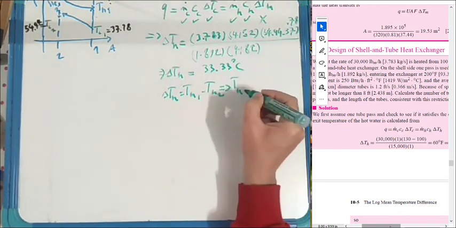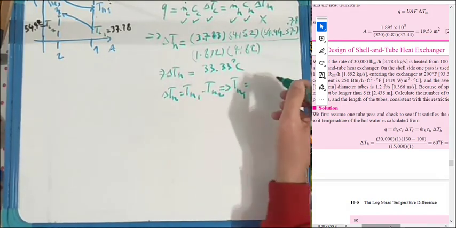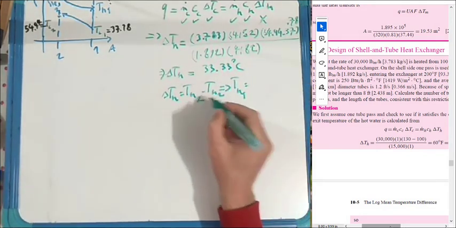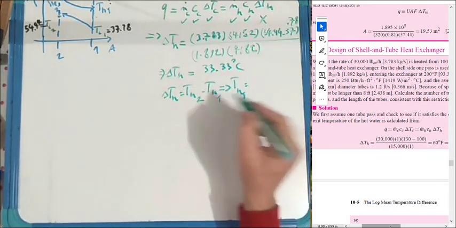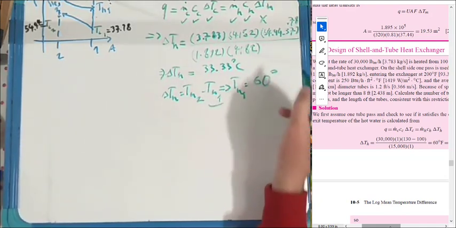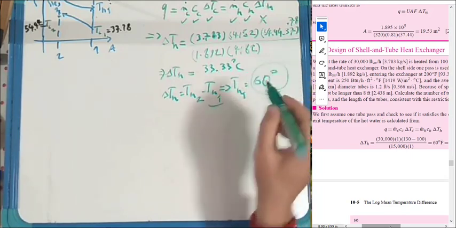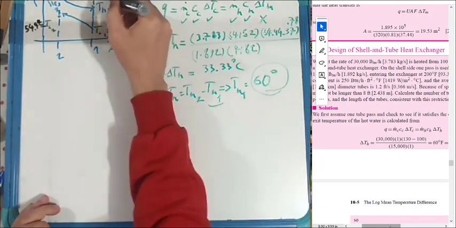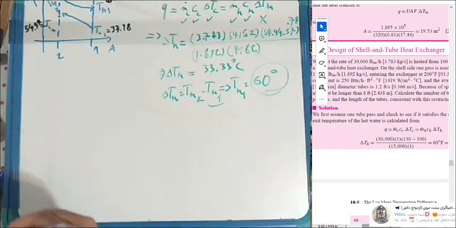Then TH1 would be 60 degrees Celsius, so I can write it here, 60 degrees Celsius.